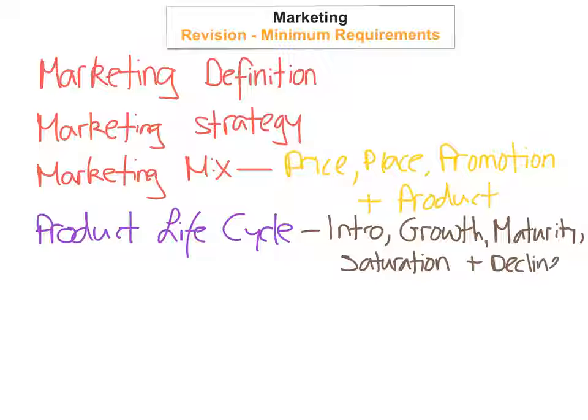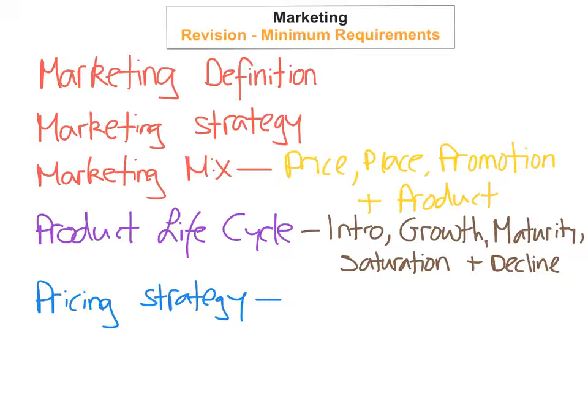And also remember, before any of these stages, you've also got the development stage, where you're going to make a loss because you're not making any sales, and you're making your prototypes, and you're paying for your market research and your development of the product and so on.